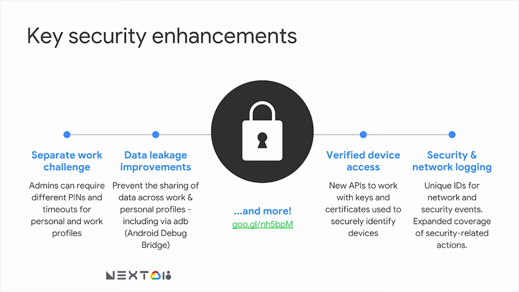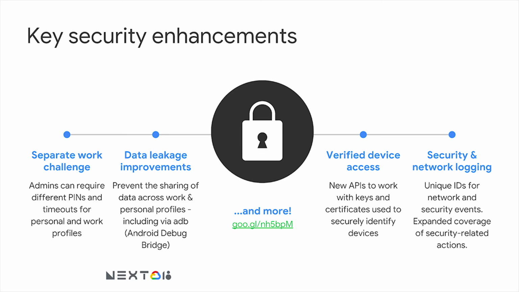And then finally, not the most sexy feature, I do apologize, but when investigating incidents or security breaches, administrators like the ability to interrogate log files on the device to understand what's been going on. We now have unique identifiers for both network and security logs.